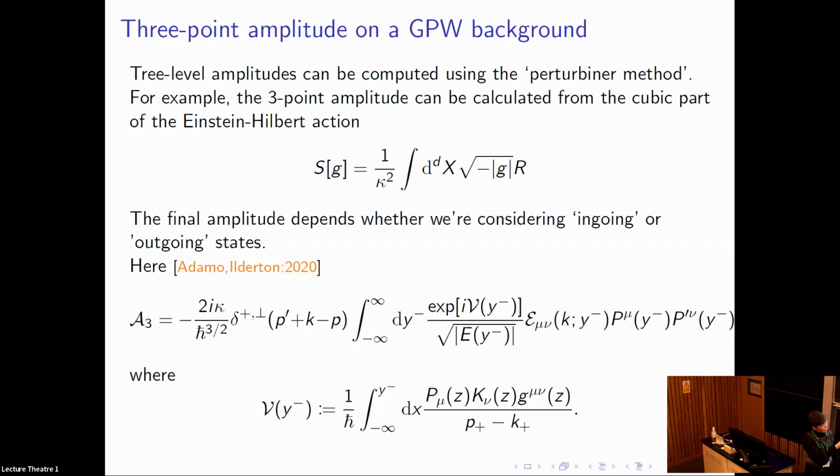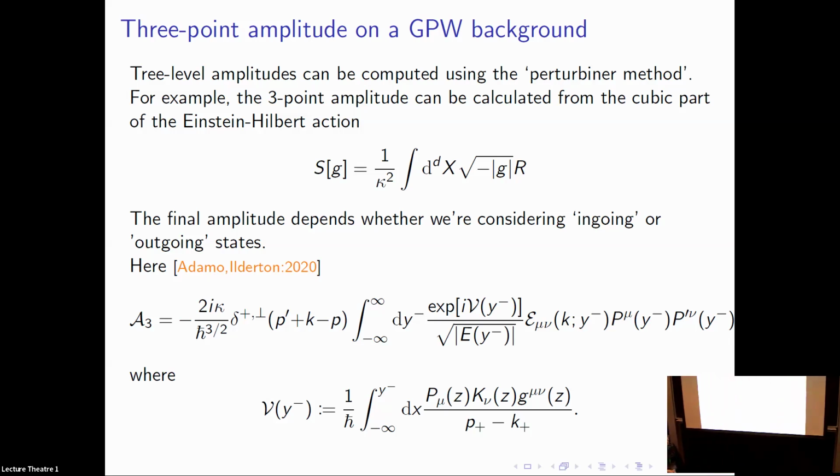And whilst this looks like what we have for 3 points in flat space, all of these quantities are going to be dressed. And this is the exponential of the Volkov exponent, which I tend to view as a kind of spread out delta function in the y minus direction.